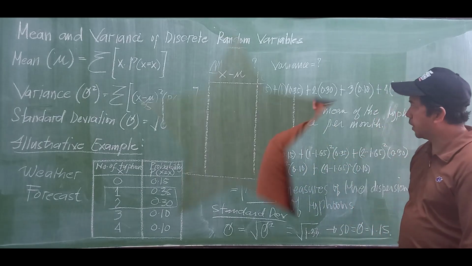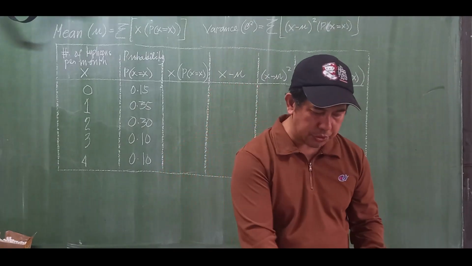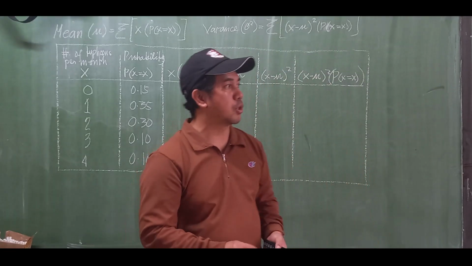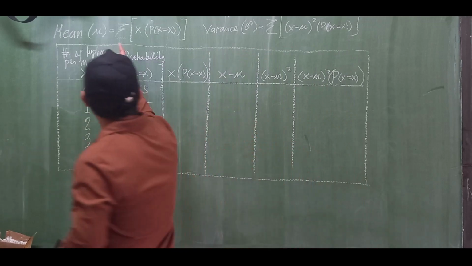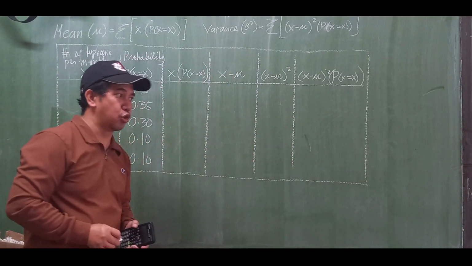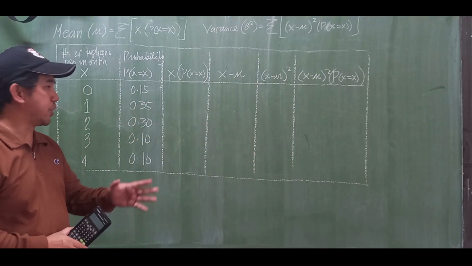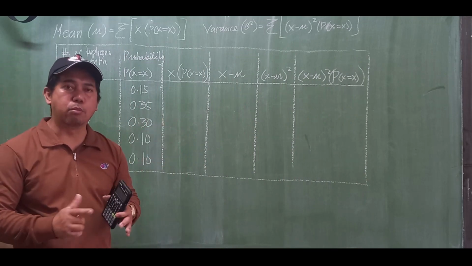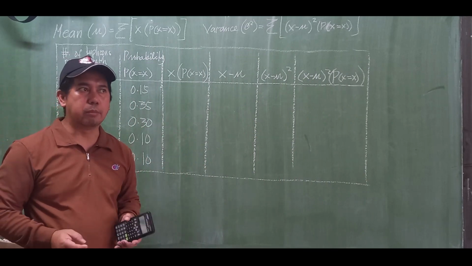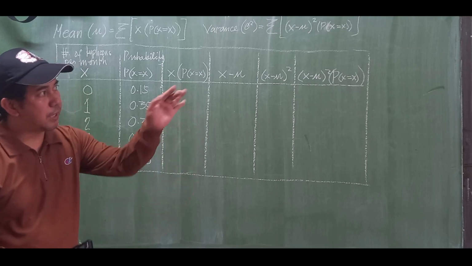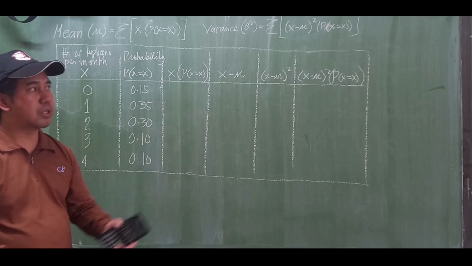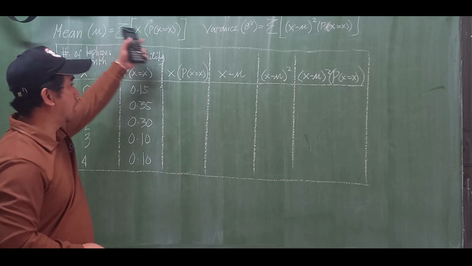Okay, so let's continue. Now, notice that when we solve for the mean, variance, and standard deviation, what we presented was a long method, or a horizontal method, following strictly the working equation that we have here.